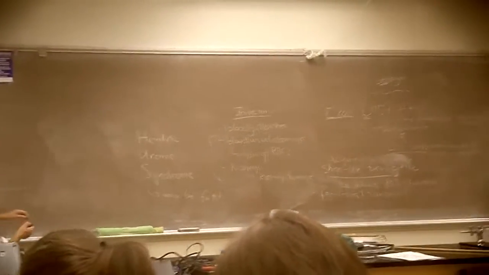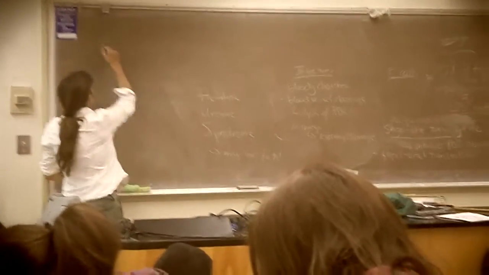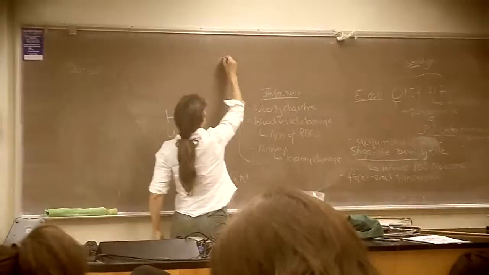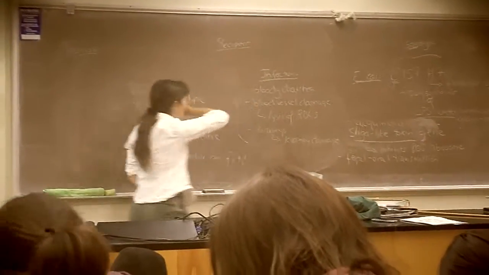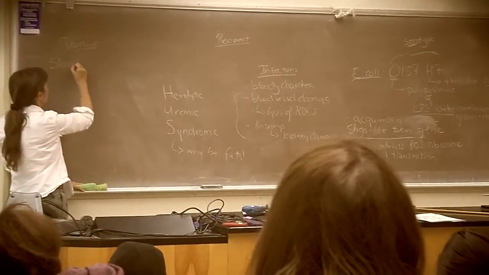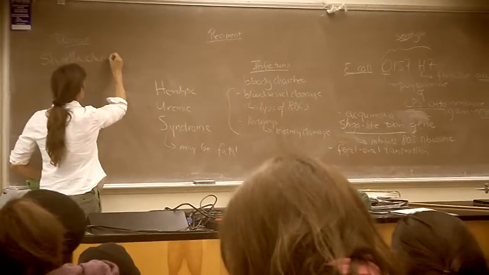So it turns out the original Shiga toxin gene came from a close cousin, this would be the donor, to the recipient. The donor bacterium of the Shiga toxin gene is a close cousin of E. coli. It belongs to that same big family, the Enterobacteriaceae.